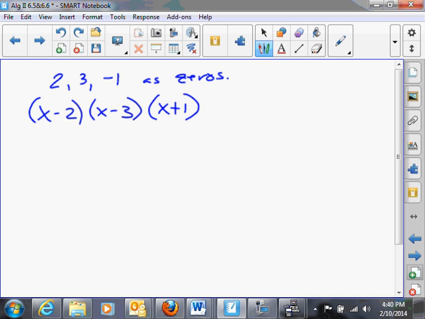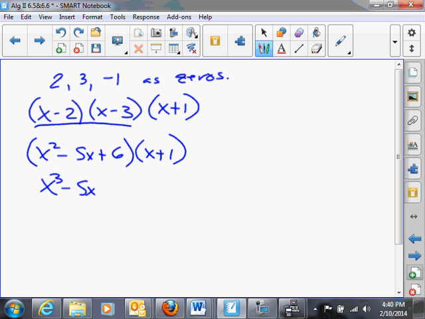Now, since the corollary to the fundamental theorem of algebra says that in a polynomial of degree n, there will be n zeros, we can't be any less than 3, so that would be a polynomial of the smallest degree. Now, let's multiply these two together. We get x squared minus 5x plus 6, and we'll multiply that by x plus 1, and that's going to give me x cubed minus 5x squared plus 6x plus x squared minus 5x plus 6.